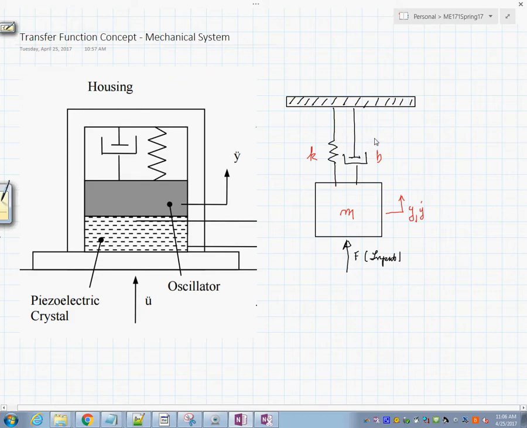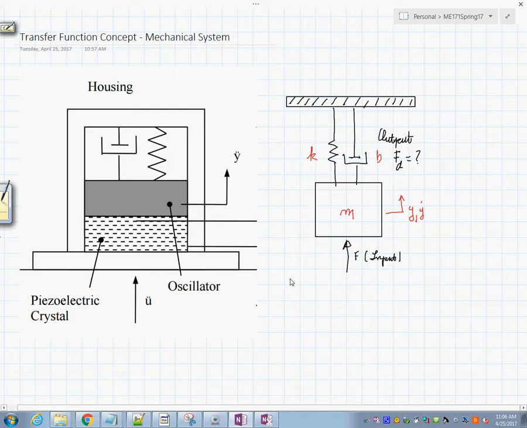So in this case, the output that we want is the force on the damper. This is what we would like to know.